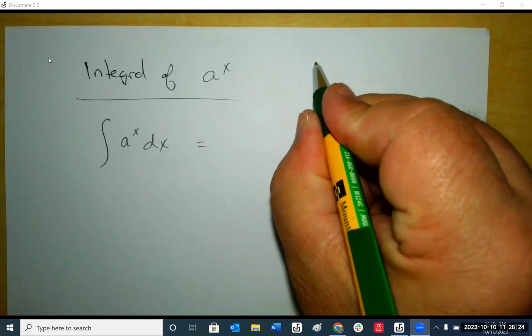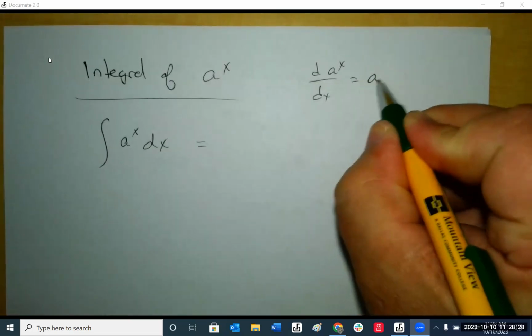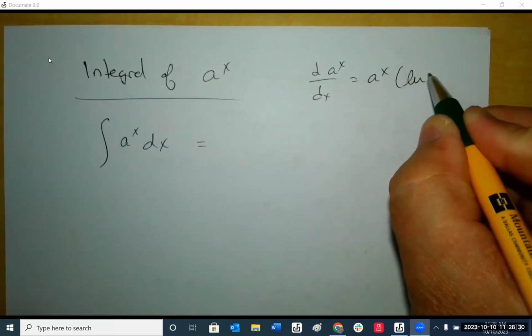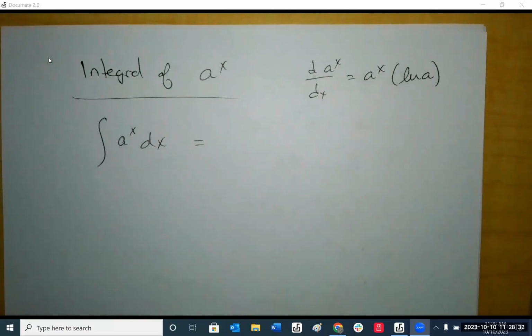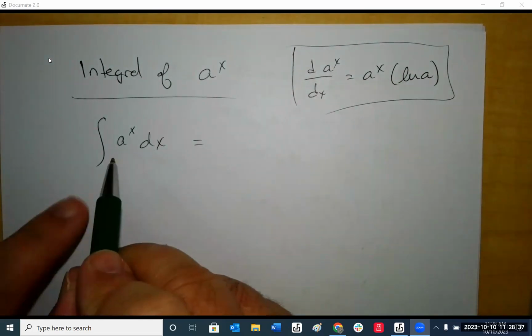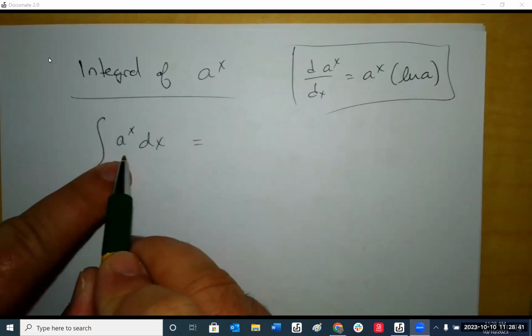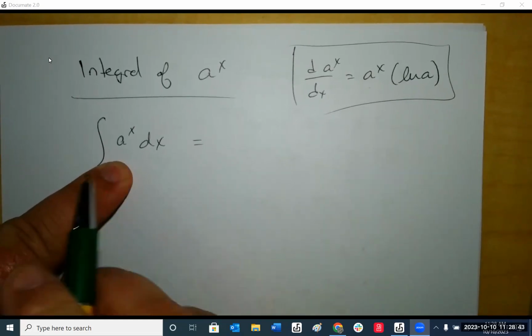Remember our derivative is a to the x ln a. We have to know this. If we're going to take the integral, we have a to the x. What do we need?